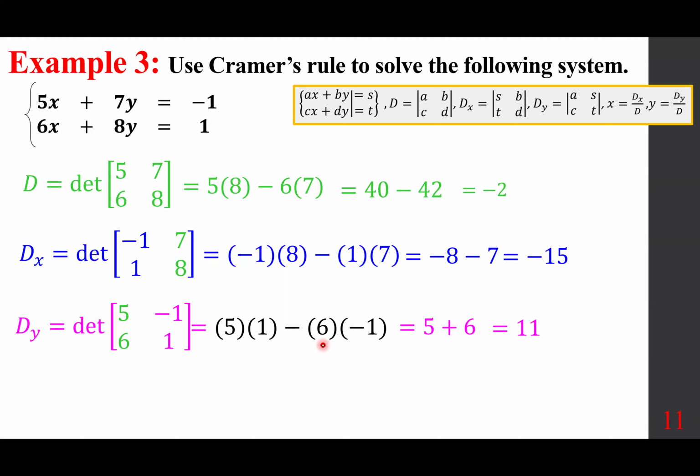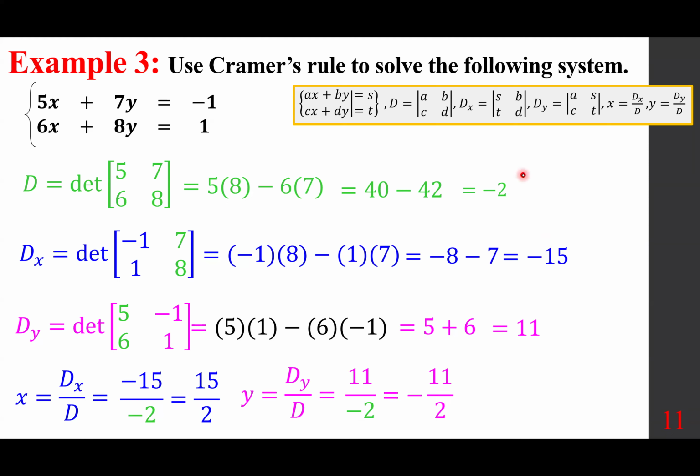Now we are going to divide these by D. So this gives us negative 15 over negative 2, or 15 halves. This gives us 11 over negative 2, or negative 11 halves.